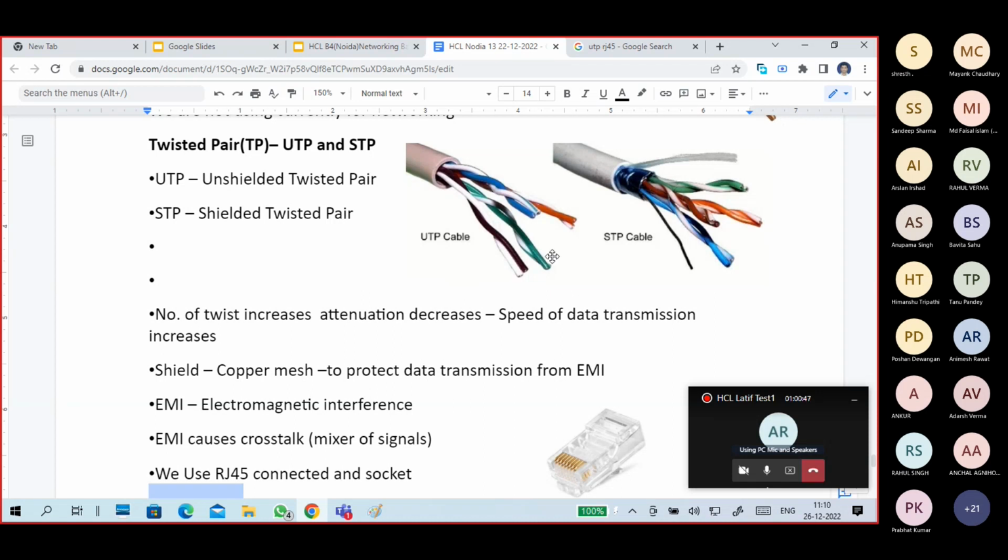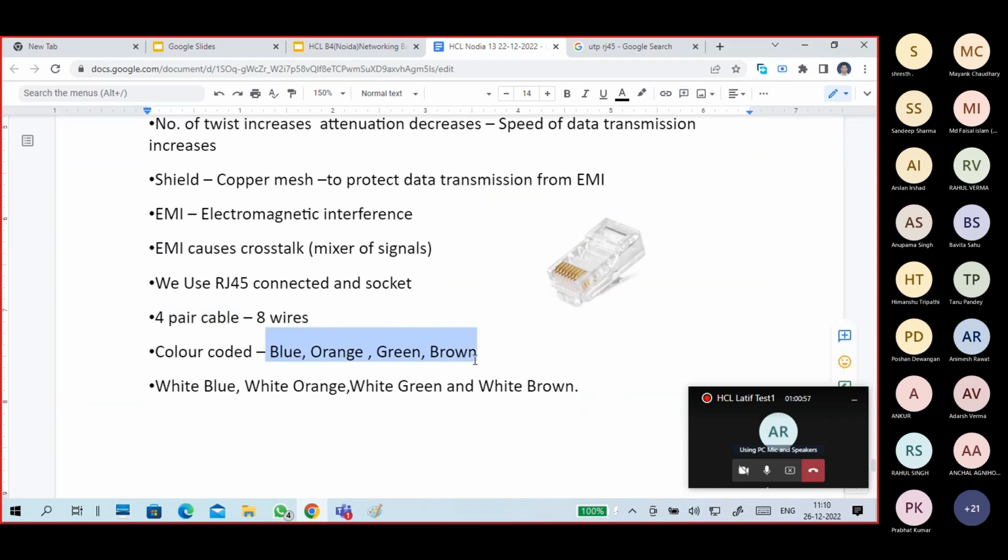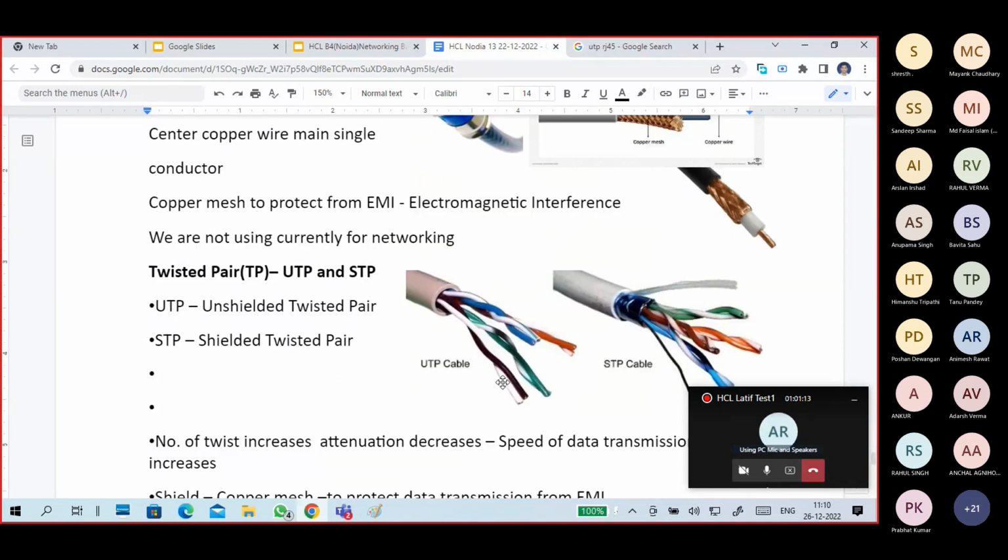In each pair, you can see there is a colored wire. Orange, blue, green, brown kind of colors. So there are mainly 4 color wires, blue, orange, green, brown, and each colored wire has a pair wire: blue and white blue, orange and white orange, green and white green, brown and white brown.